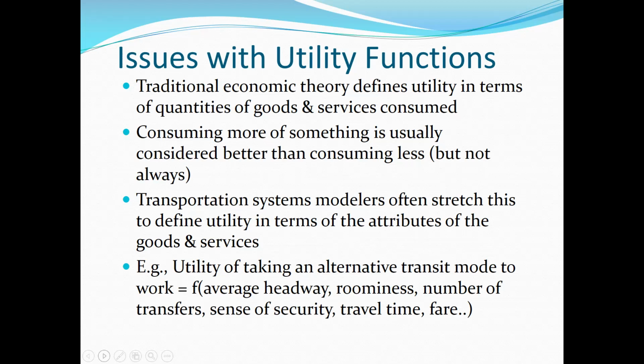Based on the probability of people that take that mode, you can back construct and define the utility of a mode with all these factors as your independent variables. So that's one way of constructing a utility function in the transportation realm.